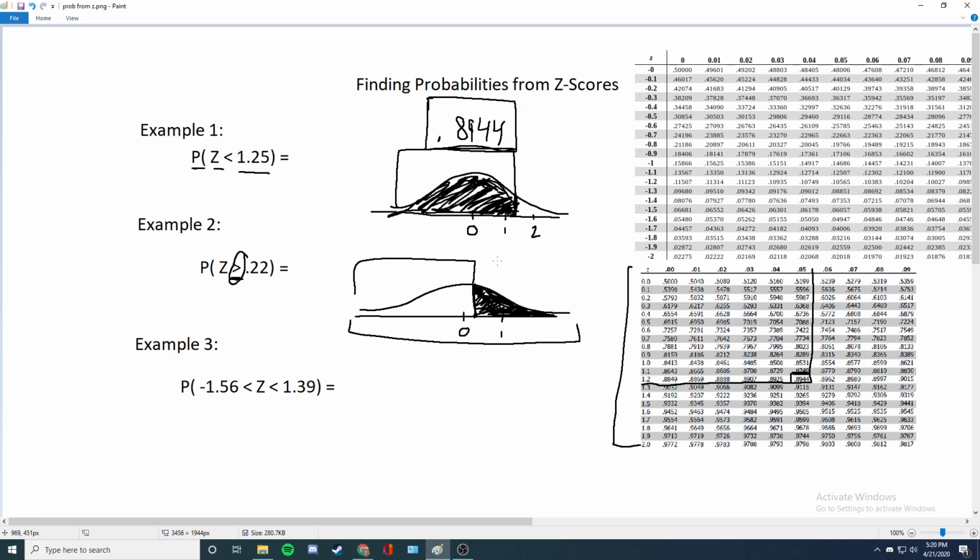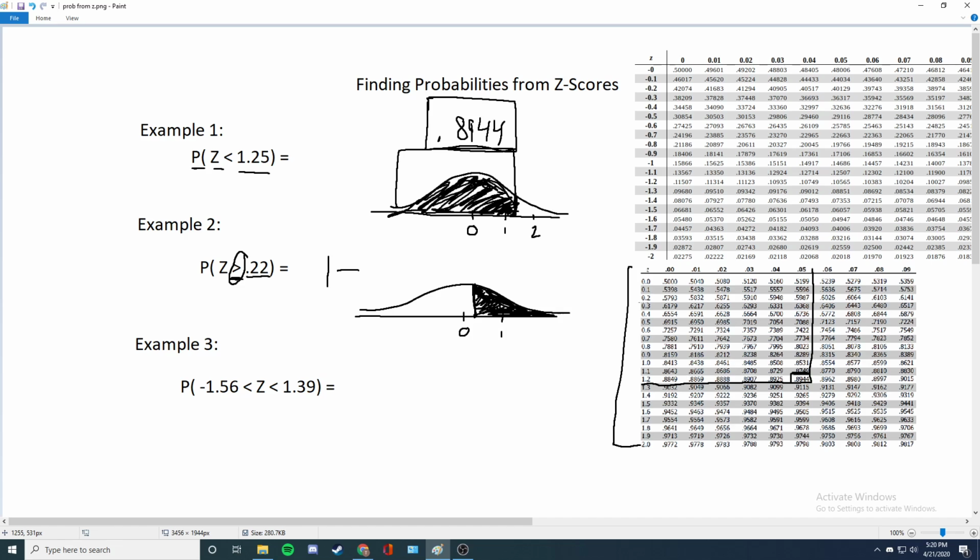So if we want to find just this chunk that's left, we take 1 and subtract whatever this chunk of area is, and that'll give us this shaded region right here.